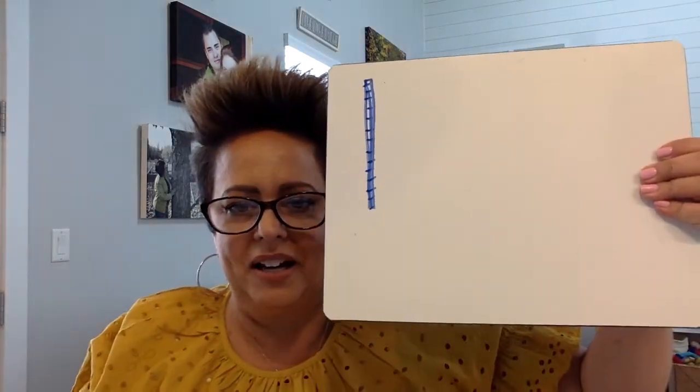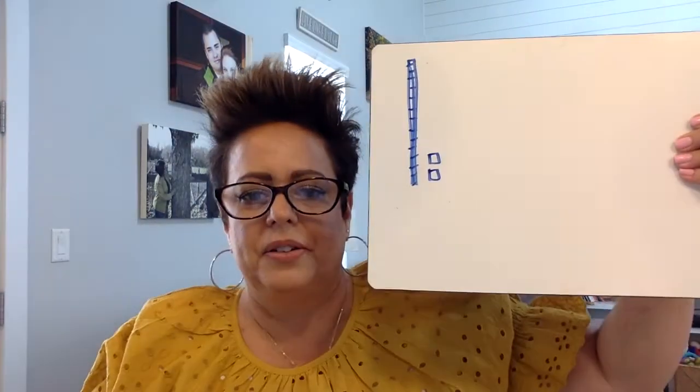So there was a stack of 10 cubes and they were all put together. And then we had the little cubes, the little squares. So we're going to make numbers, pretending like we have our cubes, but we're going to draw our numbers on our whiteboard. And we're going to start with the number 1.